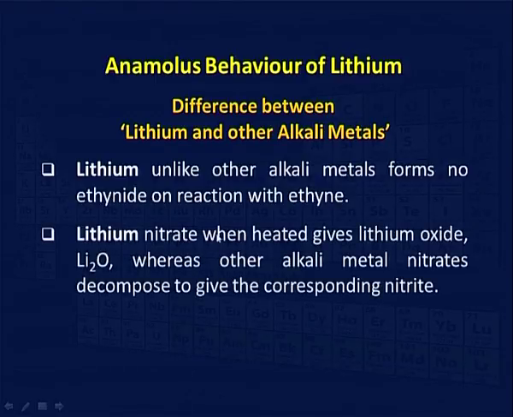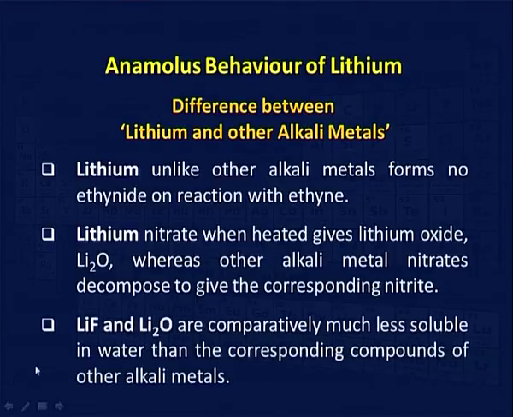Lithium nitrate when heated gives lithium oxide, whereas other alkali metal nitrates decompose to give the corresponding nitrite. That is, if you heat NaNO3, we get NaNO2, whereas lithium does not behave in that way. Lithium fluoride and lithium oxide are comparatively much less soluble in water than the corresponding other compounds.